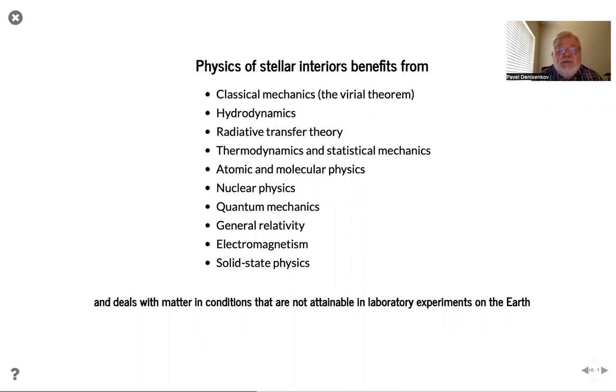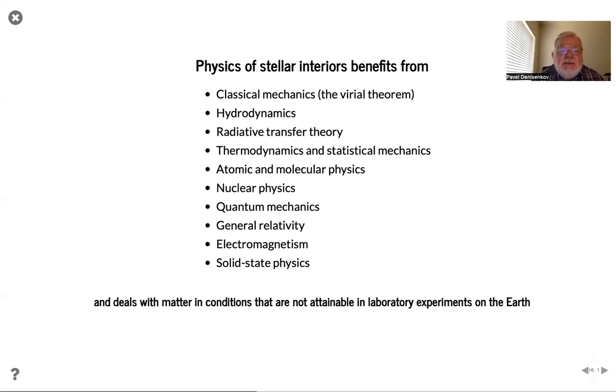Nuclear physics, of course, most of you are nuclear physicists. Quantum mechanics: I will show in one of the next slides that the quantum mechanical tunneling effect is, of course, very important for nuclear physics, as most of you already know. General relativity is needed for compact objects, even white dwarfs, but of course neutron stars and black holes.